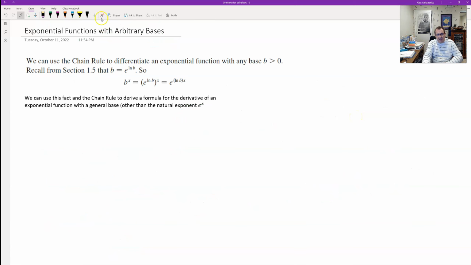So let us consider another interesting application of chain rule. Chain rule allows us to evaluate derivatives of exponential functions for any base. So far we only considered exponential functions with the base e, the so-called natural exponent.